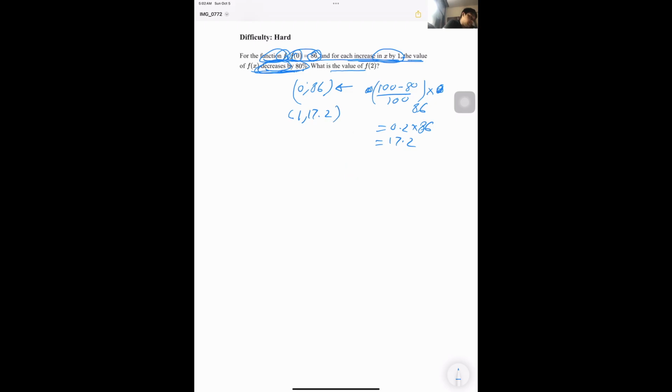Now use it to make an equation. So the gradient is 17.2 minus 86 by 1, which is again 86 decreased by 80%.